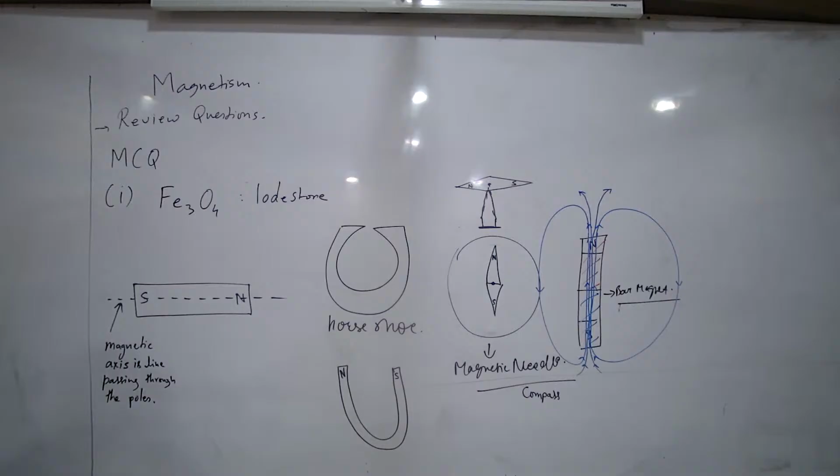Okay, so the effective length of the magnet is the distance between its two magnetic poles. Somewhere you'll find it. If not, then you just know this.